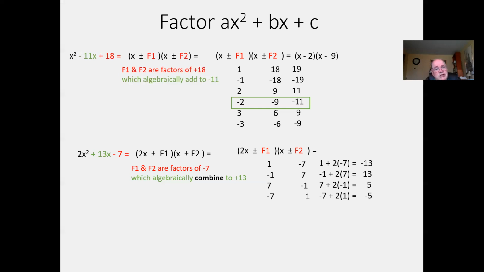So now what you're mentally checking is those little sums. 1 times 2 times -7, -1 plus 2 times a 7, etc. Now we're looking at those little sums and we're looking for a plus 13. Not hard to find when you go through them all. And again, practice will really let you just move through these very, very quickly.